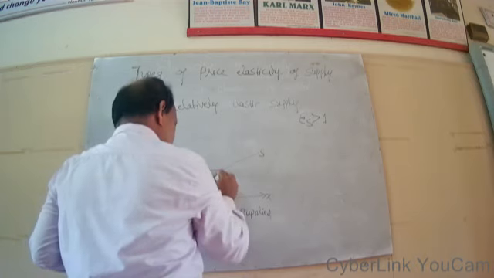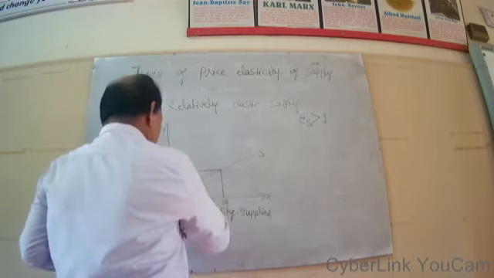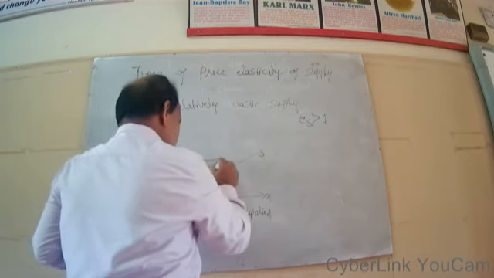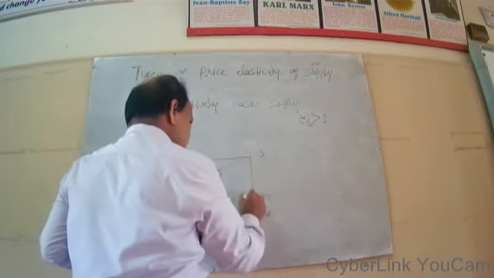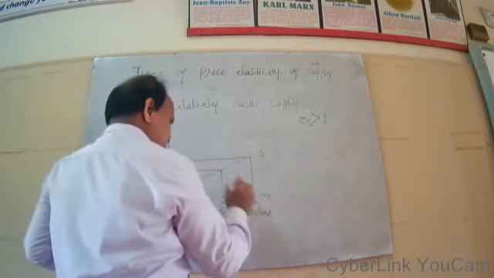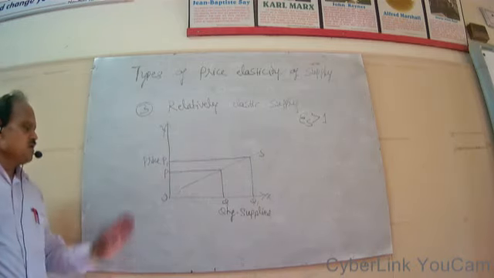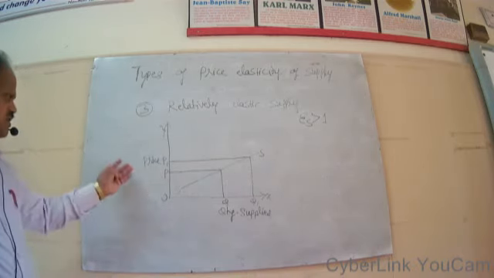When price was at OP level, quantity supplied was at OQ level. When price increases to OP1, the quantity supplied extends to OQ1. So you can observe the changes in quantity supplied and changes in price.